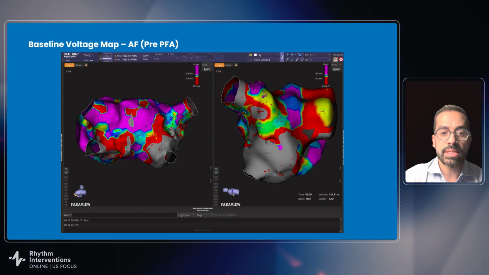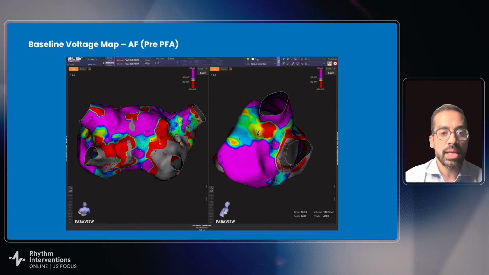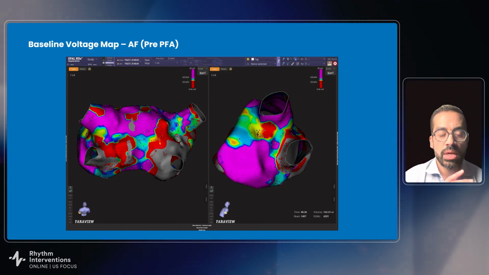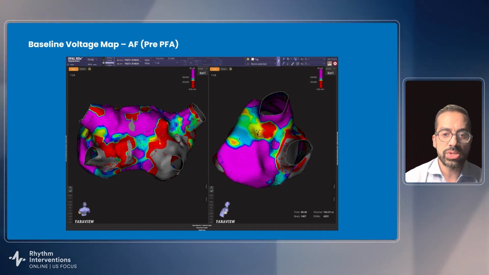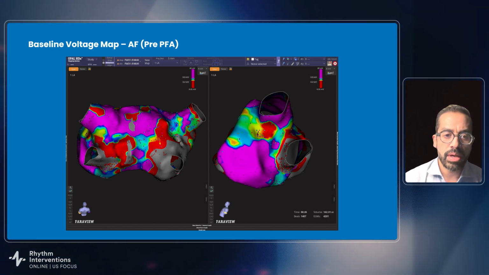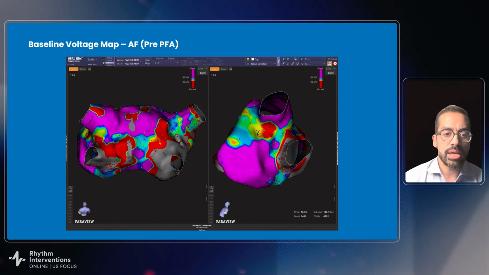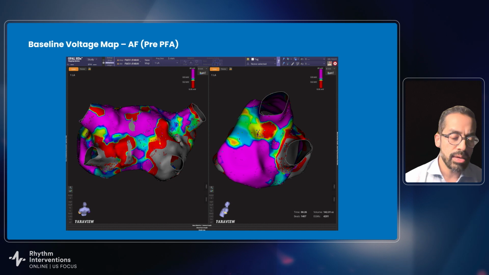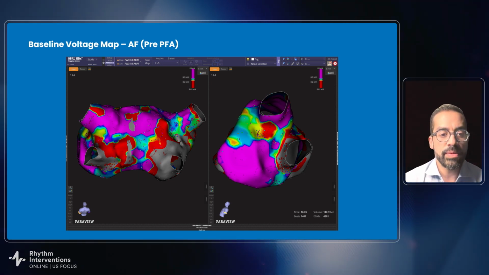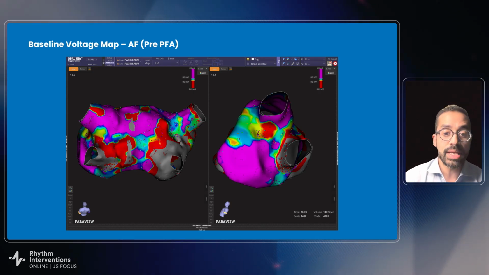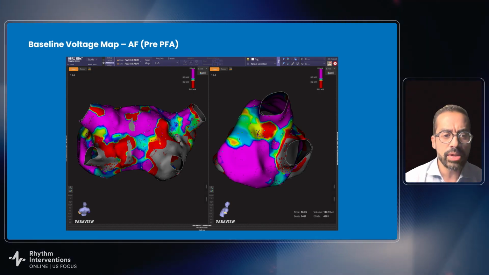I'll get back to this in a second, but it's of particular importance, as you've shown through the day, with the different strategies that we use with single shot PF and how we need to potentially change our ablation strategies to make sure that we're including more than just the ostial ablation and encompassing the antral footprint for ablation, and this is one way to help us clearly identify that.